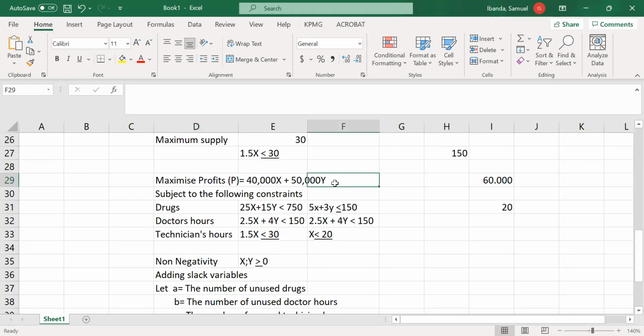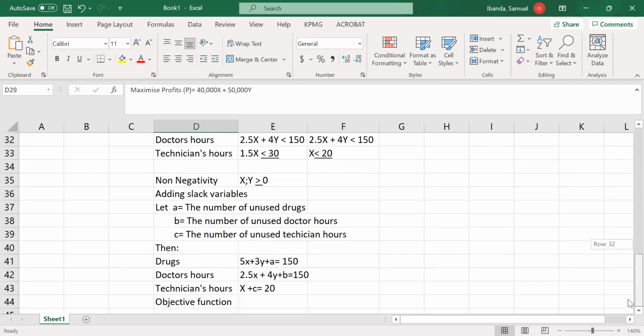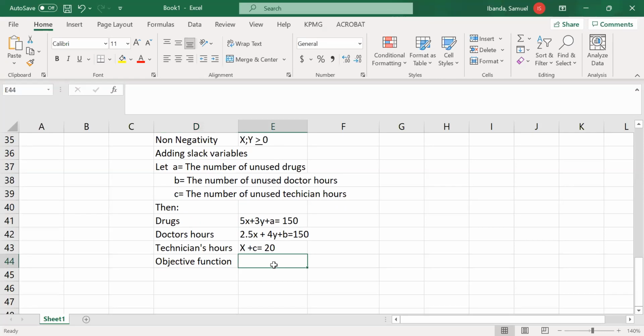So this is how it looks. I'm going to bring the 40x this side, the 50y this side, so that the function is going to be like this. It's going to be P minus 40,000x minus 50,000y is equal to 0.